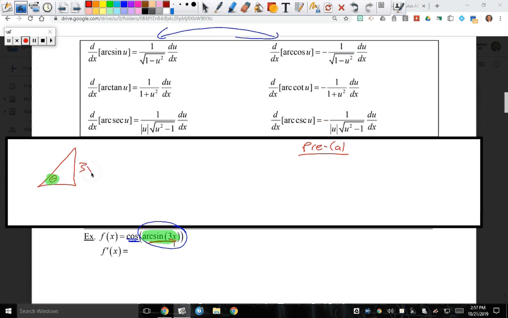So 3x and 1 goes there, because sine is opposite over hypotenuse. Solving for the missing side will be c squared minus b squared. Again, in parentheses, this would be that. And then take the square root.